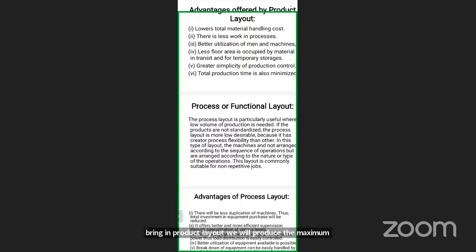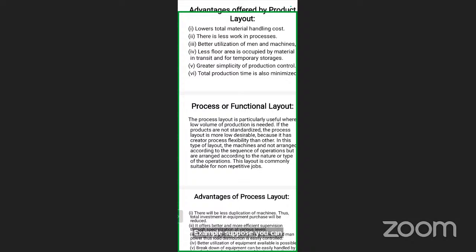But in case of process layout, it is low volume production, because in this layout all the equipment, raw materials, and laborers are not arranged in a proper form. Sir, a proper example?